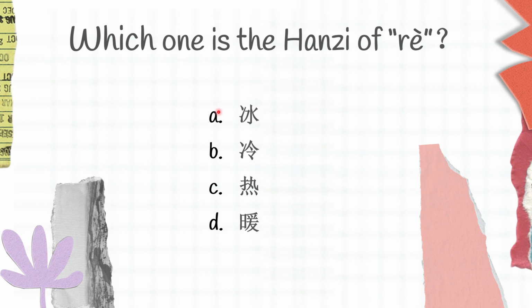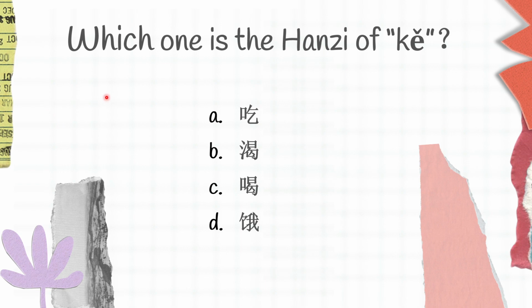A is Bing, B is Lang, C is Re, and D is Nuan. Re here is C, and C is the right answer for this question. Moving on to the next one.